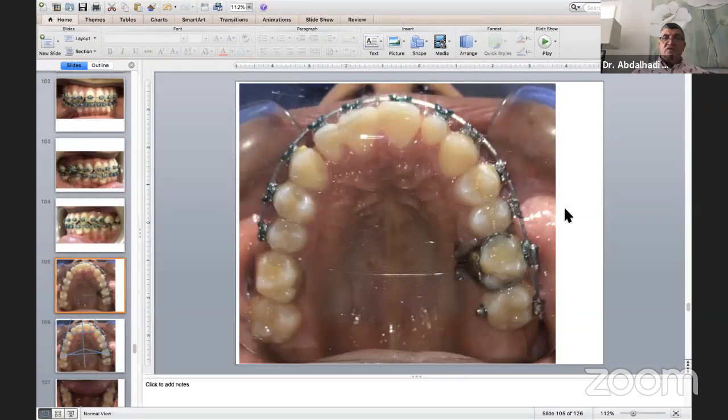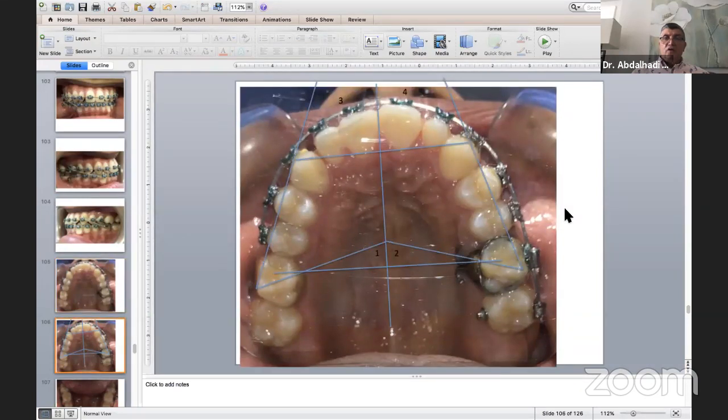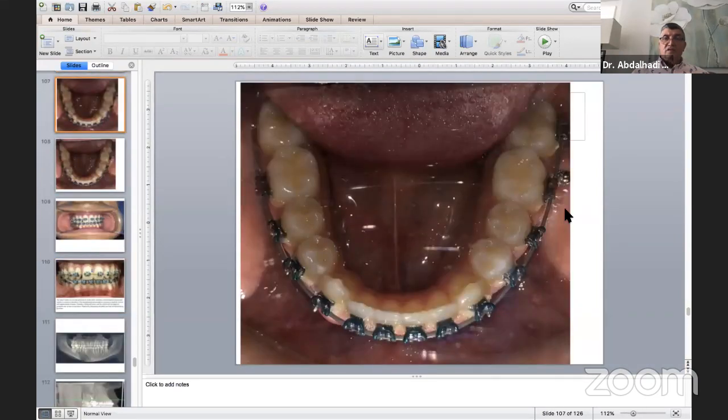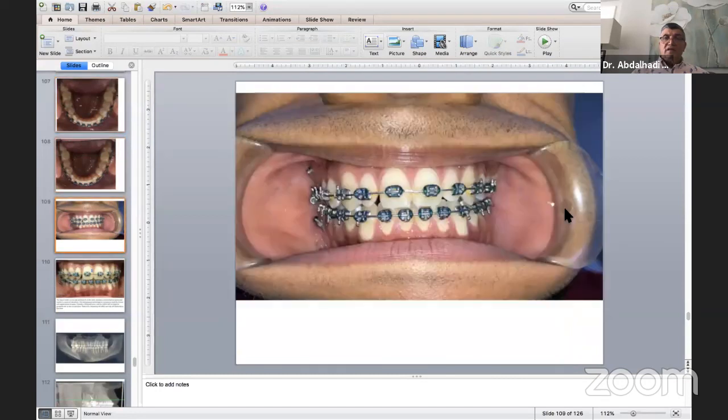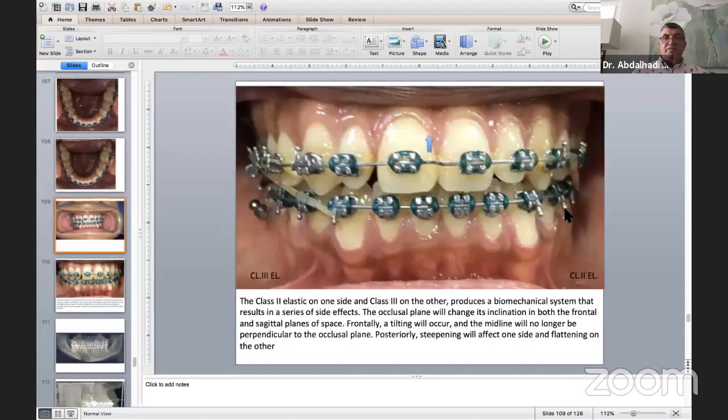The arch now is symmetric, almost. The teeth are aligned. Do you see this step that I made is to continue keeping these teeth up and continue having this occlusal plane straight.